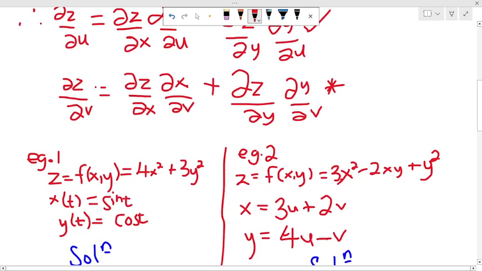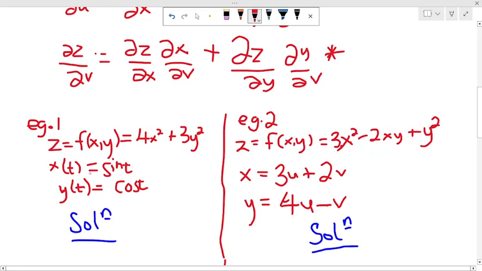Okay, so now having understood this concept, we are going to transfer the knowledge from our understanding to solve these two examples, which are very simple. So now with the first example, for us to solve any partial differential, we first need to check the dependent variables, that's the variable the function is depending on.